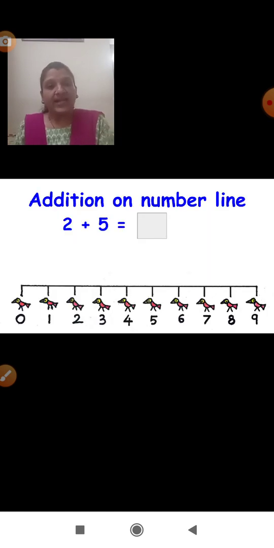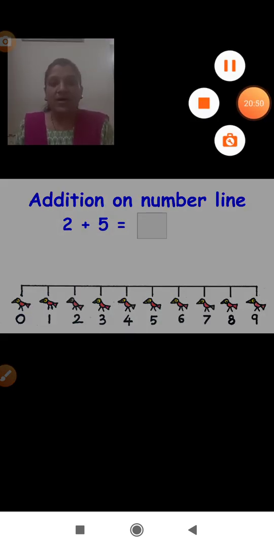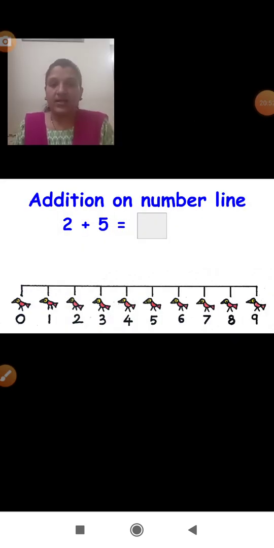Now we do the addition on the number line also. We have learned the number addition on the number line. How to do this? Let us take one example as written over here. It is written 2 plus 5 equals dash.